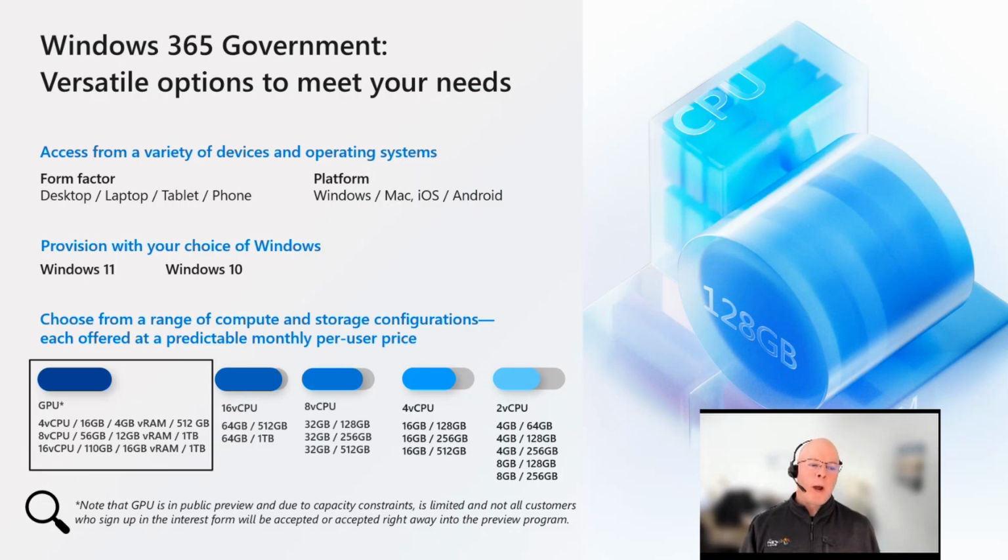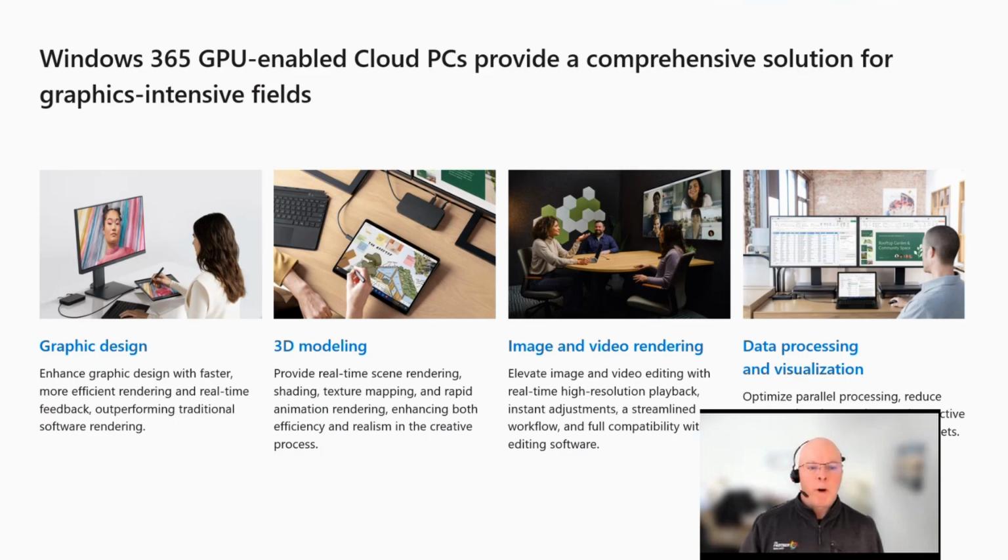I think of applications that require a lot of GPU power, right? That's what this is here. Obviously, as you go up in the resources, whatever you choose, the price will also go up as well. But again, graphic design and GPUs, 3D modeling, image and video rendering, data processing, and visualization.